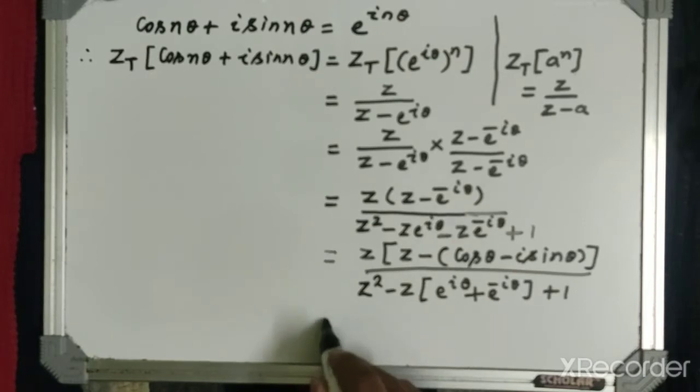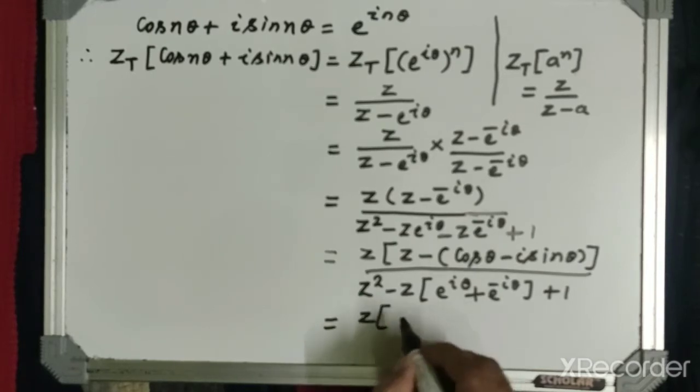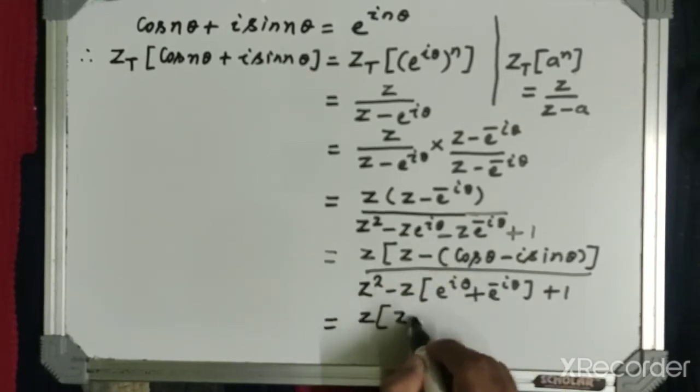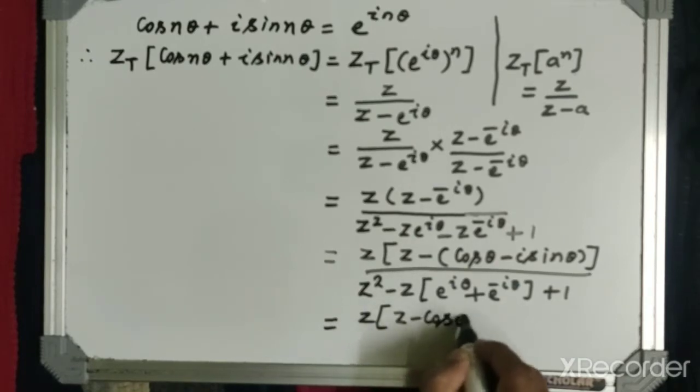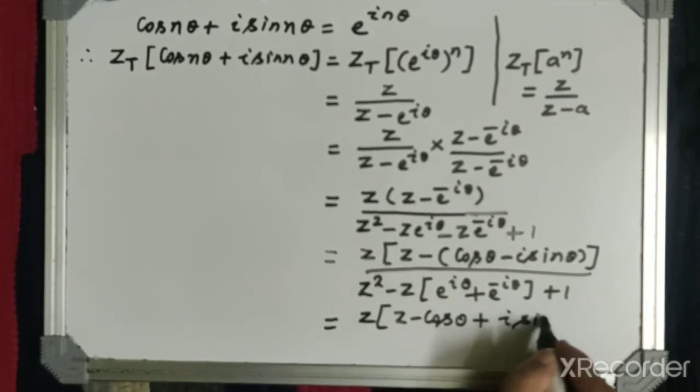Now this is equal to z times z minus cos theta, minus into minus plus i sin theta.